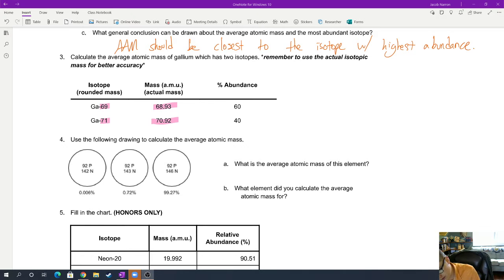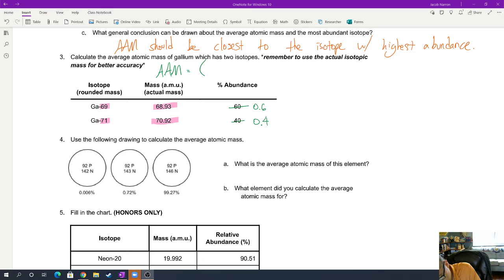So abundance, let's go ahead and round that real quick, just like what we did before. Instead of 60, this is going to be 0.6. Instead of 40, it's going to be 0.4. Again, I'm just converting them to decimals like I've been doing. And now we can do this equation. So the average atomic mass equals 0.6. Now 0.6 is the abundance for the gallium-69.